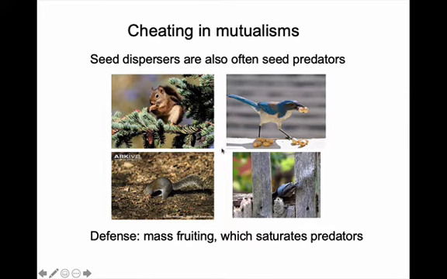Well, the way that plants deal with this, I mean, they're producing enormous amounts of seeds to begin with. And they just produce that many more. And it saturates the predators. So they can still be dispersers and seed predators at the same time. On balance, it's a mutualism, because both species benefit more than they are harmed.